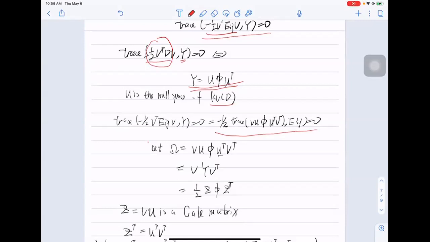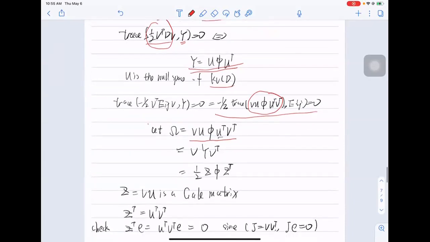Let my omega be this. This is my omega. This will be my stress matrix. So yeah, omega, of course. Then from here, I have trace of omega Eij is 0 for the non-edge set. So one of the properties is met.